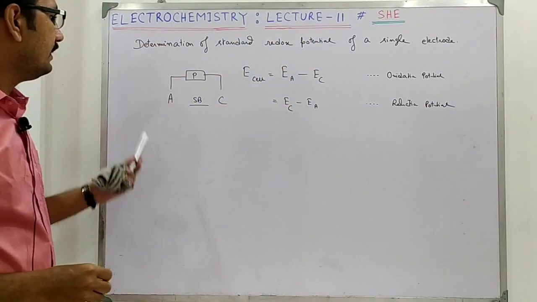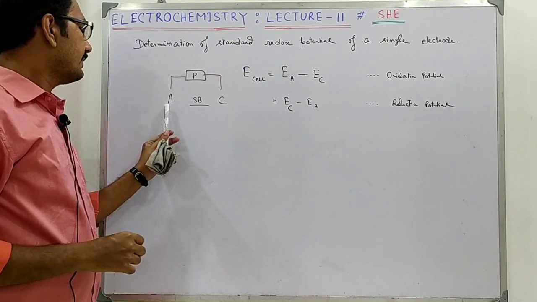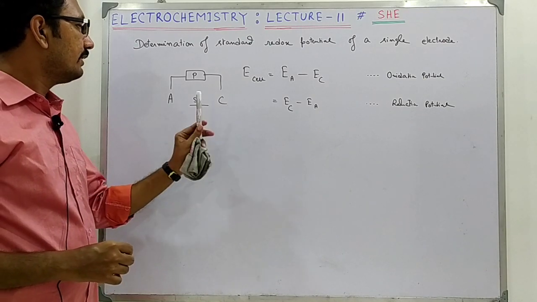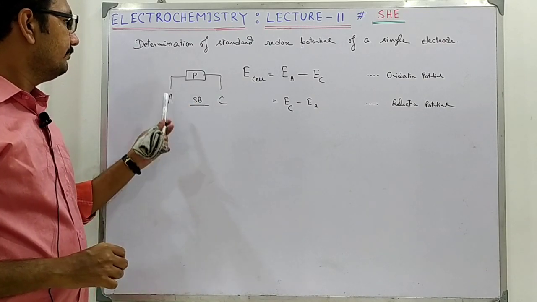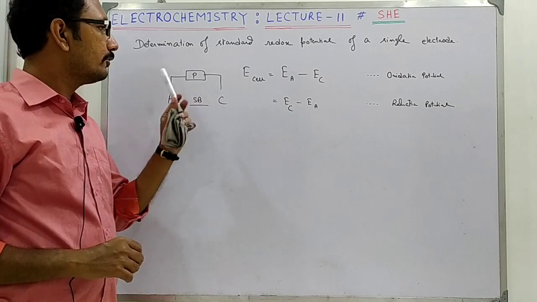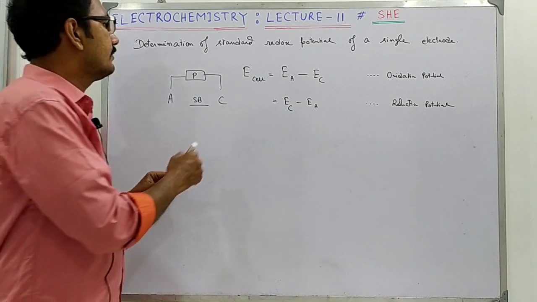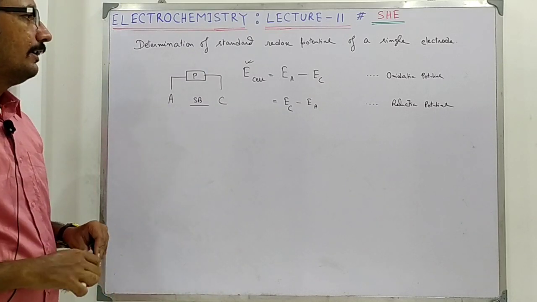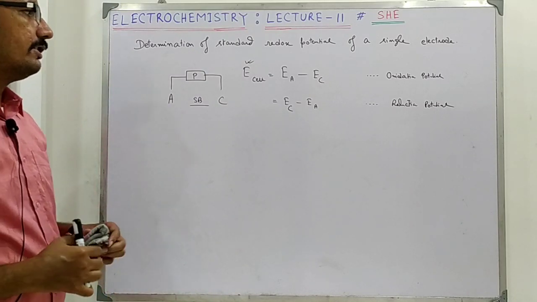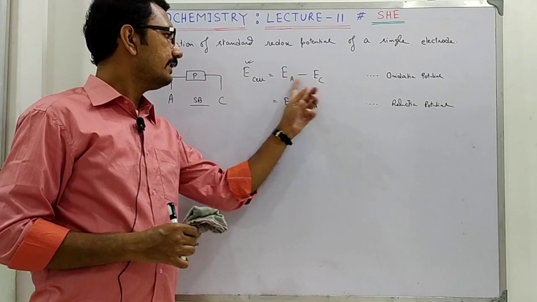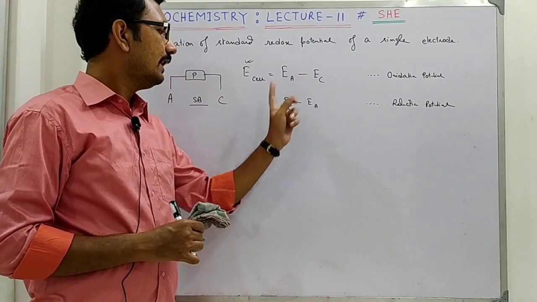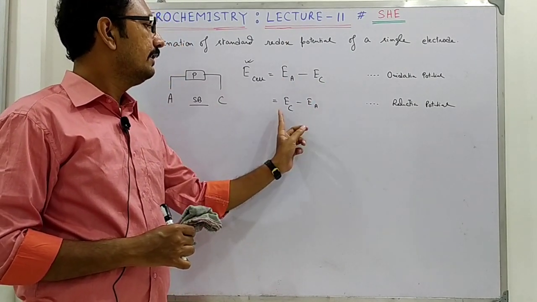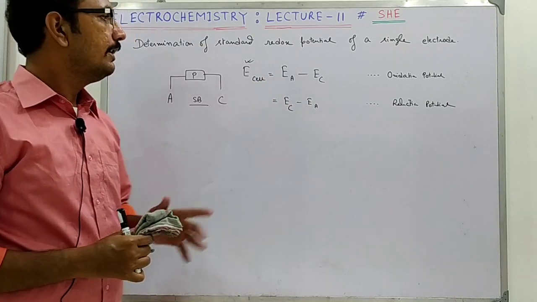So we have two half cells, A acting as the anode and C acting as the cathode, connected by an external wire using a potentiometer, which gives you the value of E cell instantly. If you use the oxidation potential method, you get this difference, and if you use the reduction potential, you get that difference.